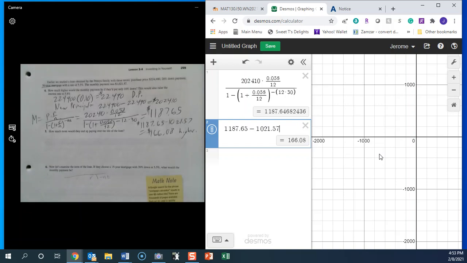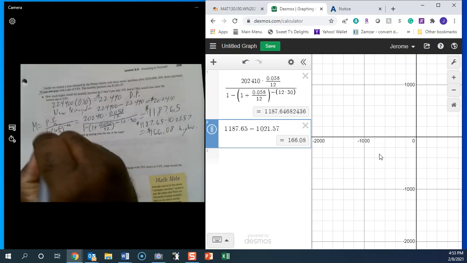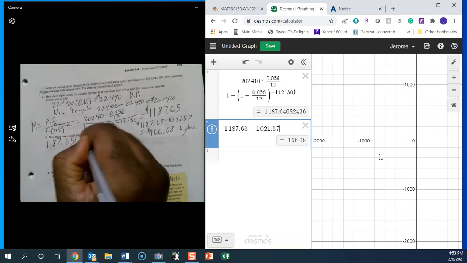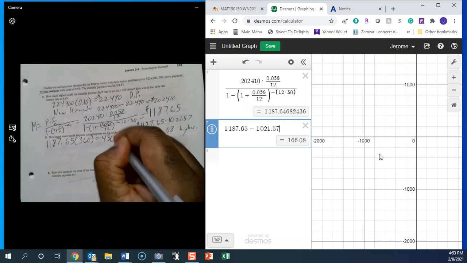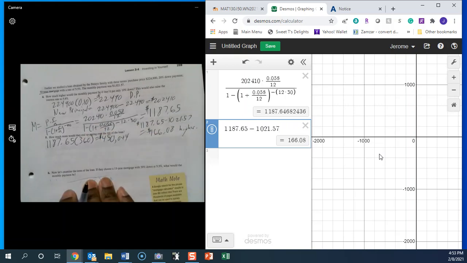Okay, number 5. It says, how much more would they end up paying over the life of the loan? So what you would need to do is take the monthly payment, multiply by 360. That'll give us $450,044. And then we would have to add on the down payment.